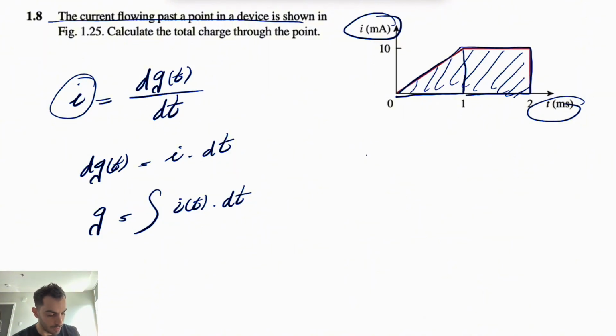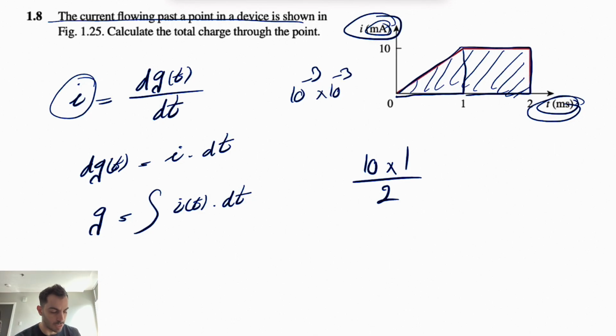For the area of the right triangle, we have 10 times the base, 1, divided by 2, and we have to watch the units. We have milliamps and milliseconds, so milli times milli, 10 to the negative 3 times 10 to the negative 3, is 10 to the minus 6, which is micro.